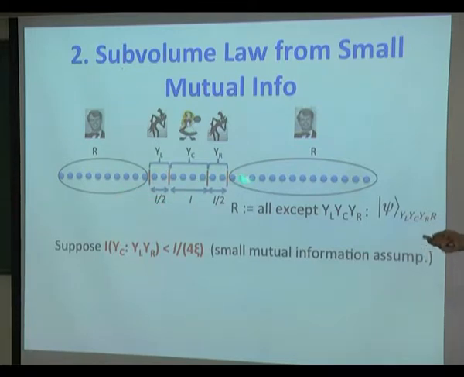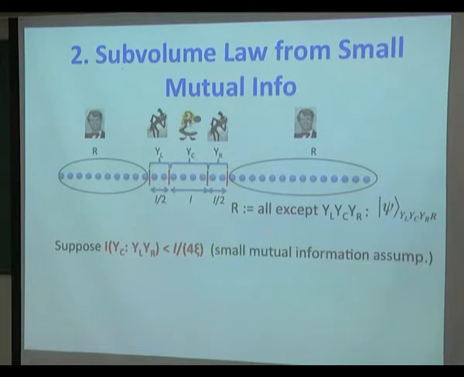So we consider this region, and we look at the mutual information between the central region and the boundaries. So what's the maximum value that this can take? Who knows? The mutual information. So this is the mutual information between a region of L qubits and another region of L qubits. 2L, exactly. So here we're saying this could be at most 2L. We are saying that it's a little bit less than that. It's L over 4 xi again.